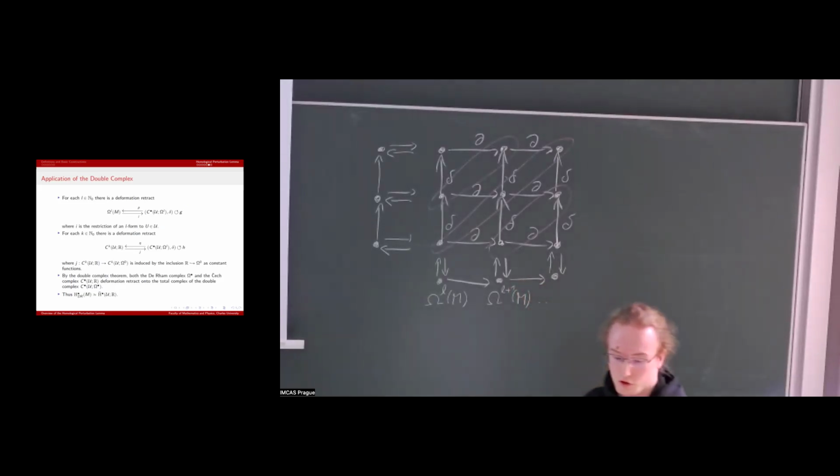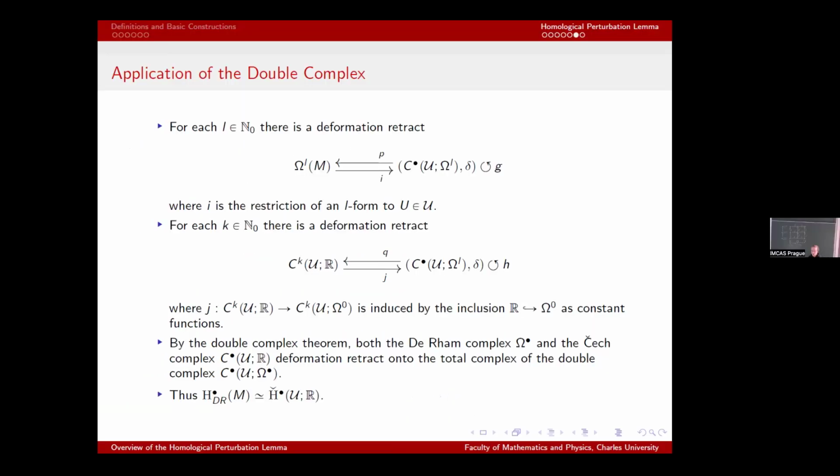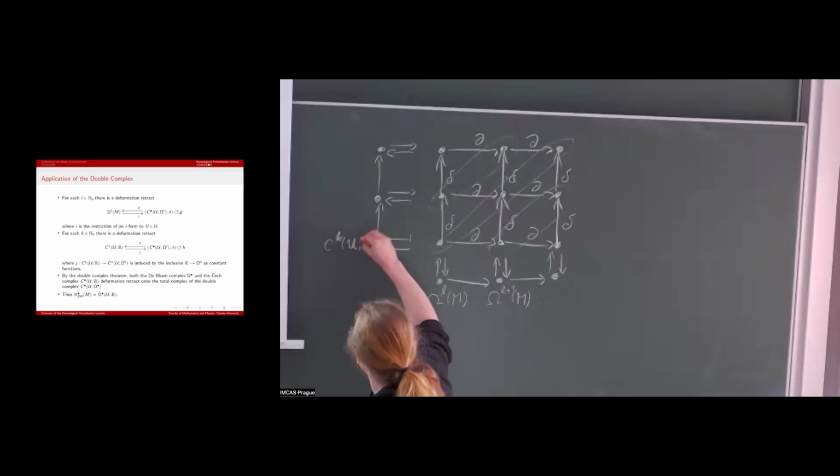And also, I'm sorry, for each row, we also have a deformation retract between the degree k Čech cochain module, so that would be the product over D_k(U) and so on.